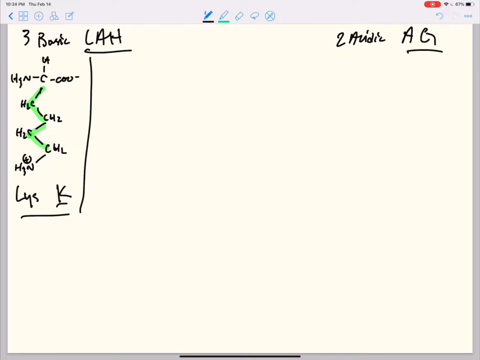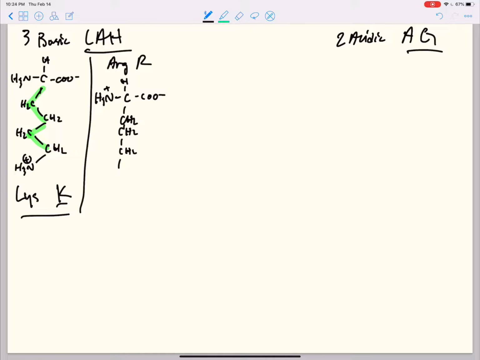So now we have arginine, and arginine is a headache. So arginine, one letter is R. I can't draw this is essentially where I was at for a long time. And arginine is tricky just because there are so many things going on.